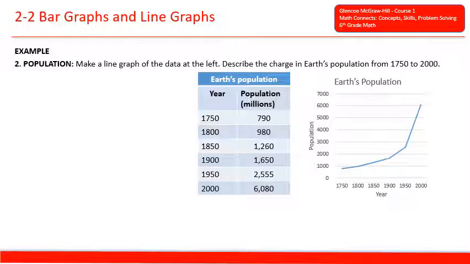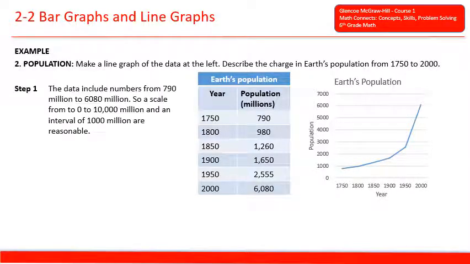So what it really means is 1,000 million is really 1 billion, and then so on up 2, 3, 4, 5, 6, 7 billion. So you can see that in the most recent years, the population growth is much greater and quicker. So step 1, the data includes numbers from 790 million to 6,080 million.